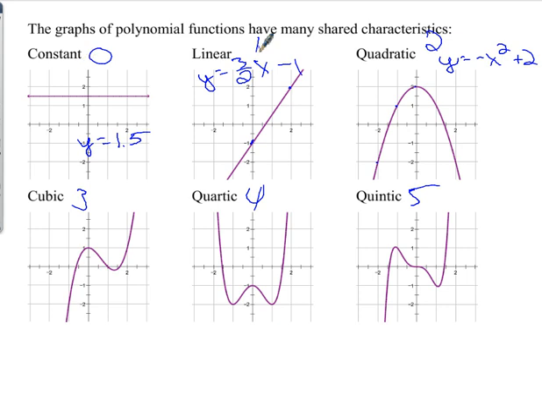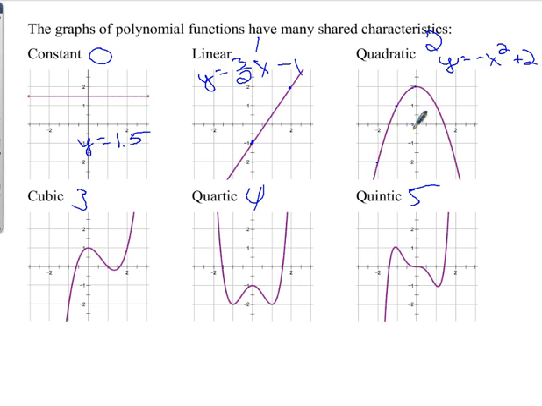Okay? So, a linear 1 degree has a slope to it, which means it has to cross the x-axis. How about quadratic? It doesn't have to. So we have 0, we have 2, we have 1. If the vertex was exactly here, then we would have exactly 1 x-intercept.